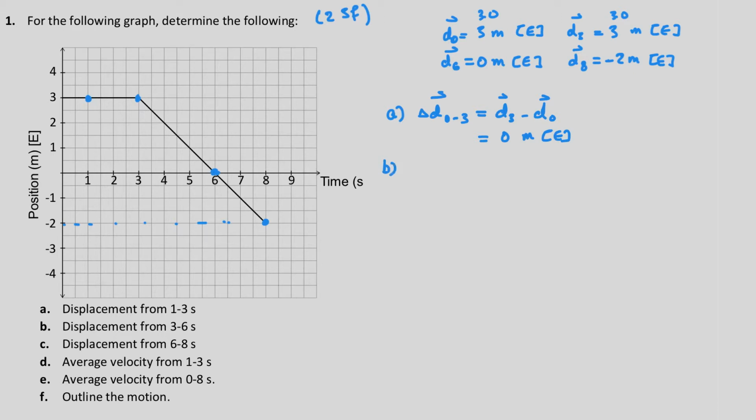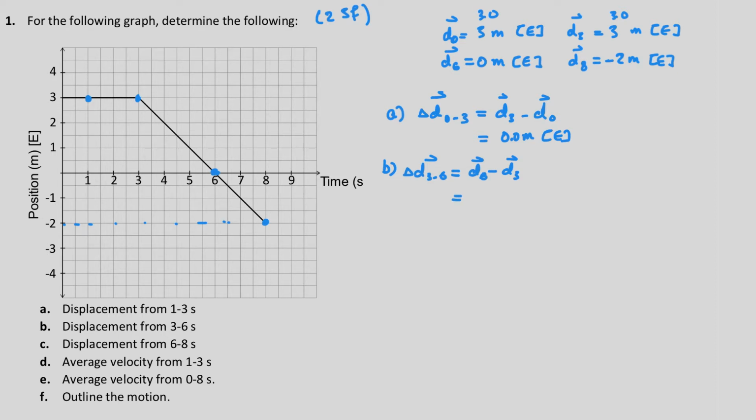For part B, it might actually be a good idea to include the 0.0 because it's two significant figures and we're subtracting two values, and we've got to use the least number of decimal places for this. For the second one, the displacement, we're looking from 3 to 6 seconds, so that's going to be position 6 minus position 3.